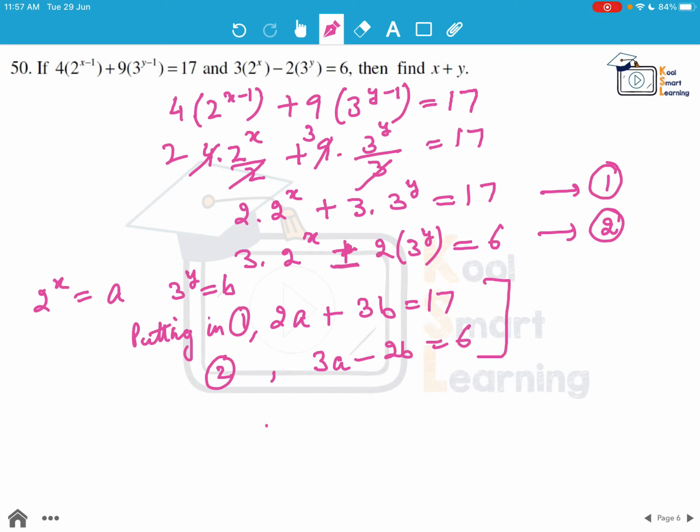Right? Now we simplify these. You can again refer to our video on solving two linear equations. The link is given in the description below. So we solve this.